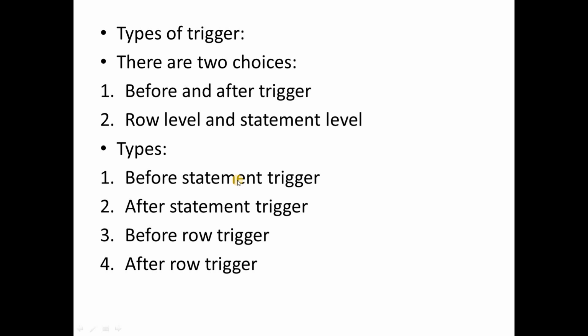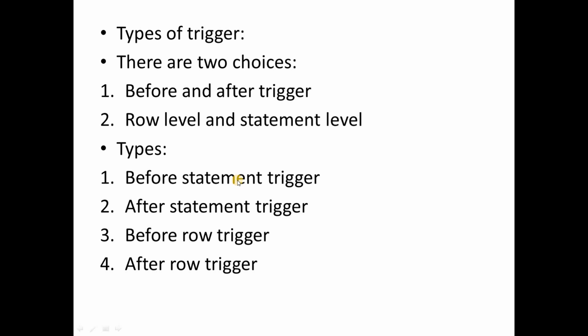And what is the before trigger? Before trigger is a trigger which will be executed before the SQL event is executed. That means before the execution of the SQL event on which we apply a trigger, our trigger will be executed.